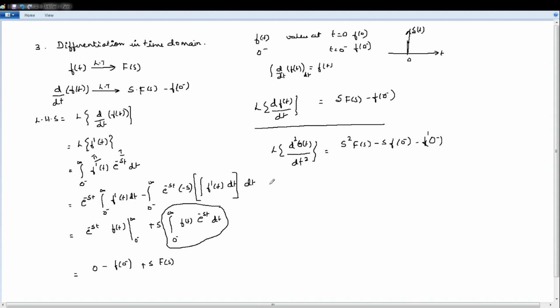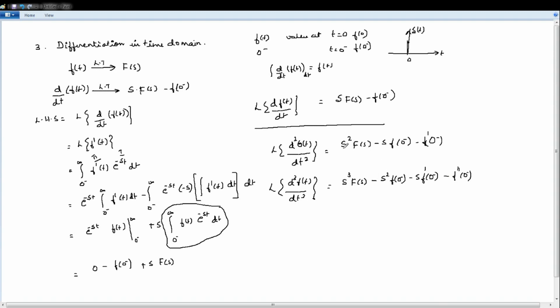On similar lines, you'll get the Laplace transform of d cube f of t by dt cube. So for nth order derivative, here order is 3, so you will be getting s cube into F of s minus, one less than the order, s square into f of 0 minus, s into f dash of 0 minus, f double dash of 0 minus. So I guess you can predict this.